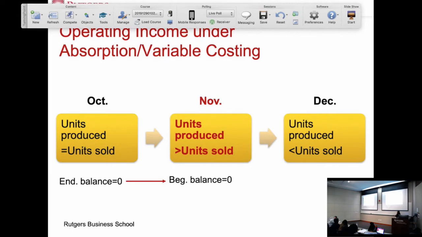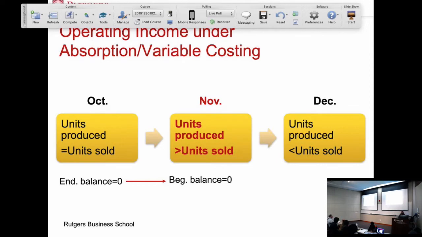So what is the beginning balance in November? 0, right? The reason is if we sold as many as what we made, then there is no ending balance for October. And the ending balance of October will be transferred as the beginning balance of November. So in November, we do not have any beginning balance. That can be inferred from the information.